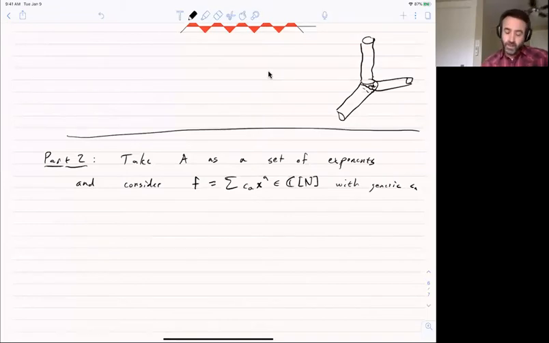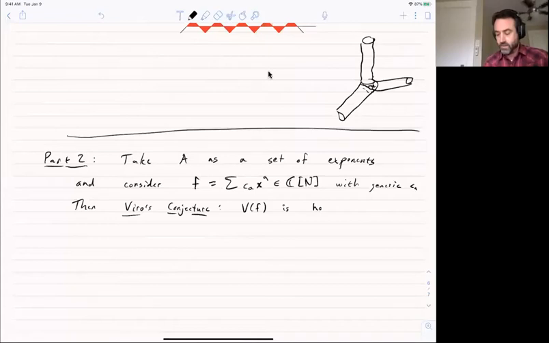And then we have Viro's conjecture, which says the following. The 0 locus of F is homeomorphic to the phase tropical, really for any eta.